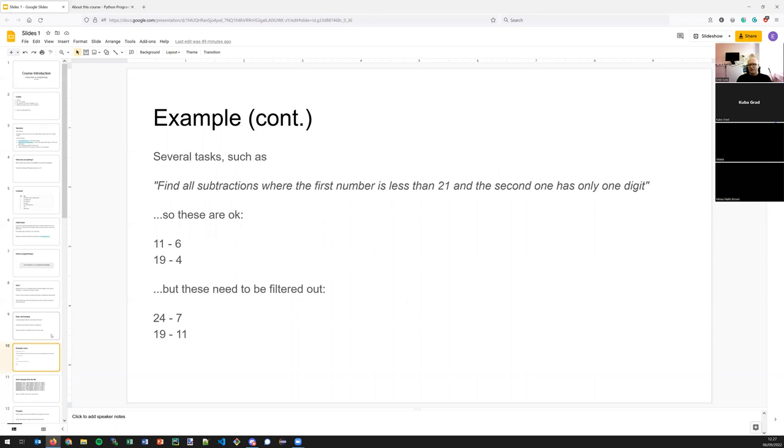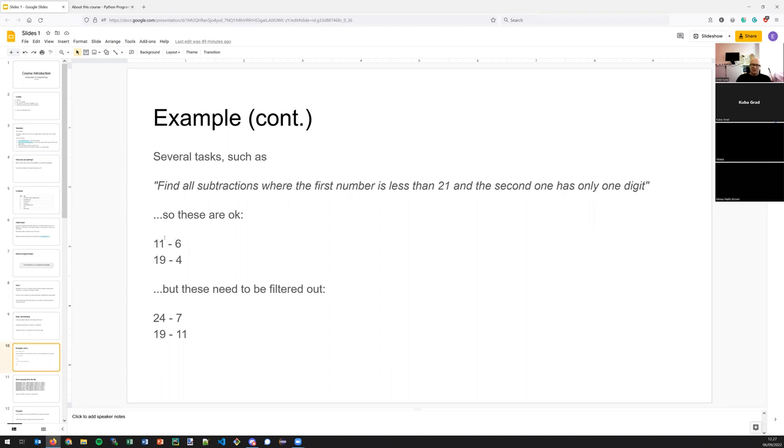What was needed is to filter out a specific kind of calculations from that whole list. So things like: find all subtractions where the first number is less than 21 and the second one only has 1 digit, which is a simple problem to solve for any human if you don't have a lot of data.